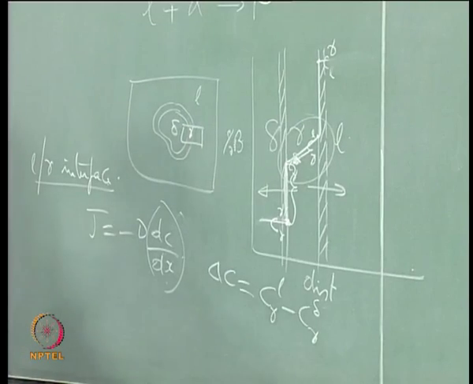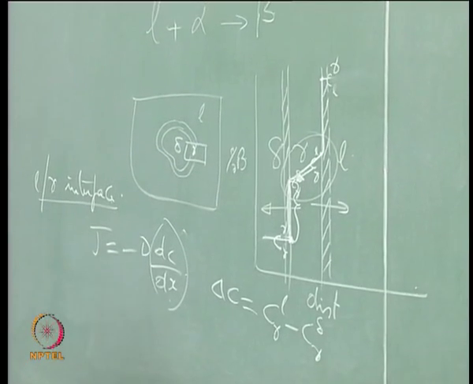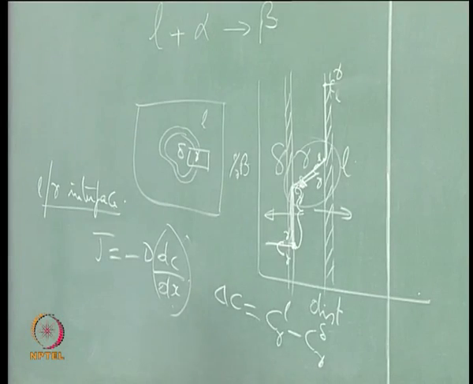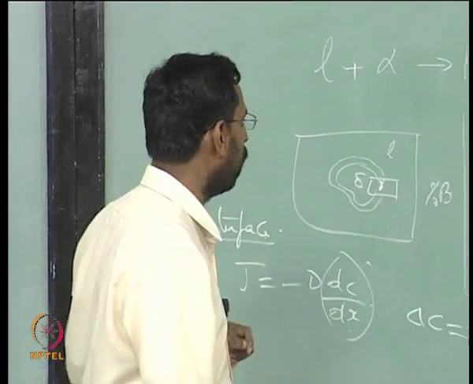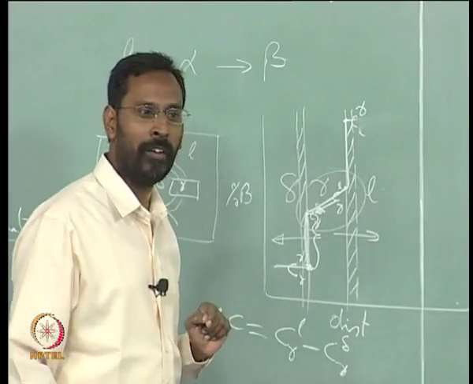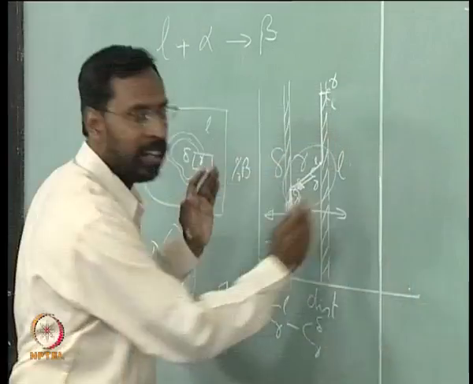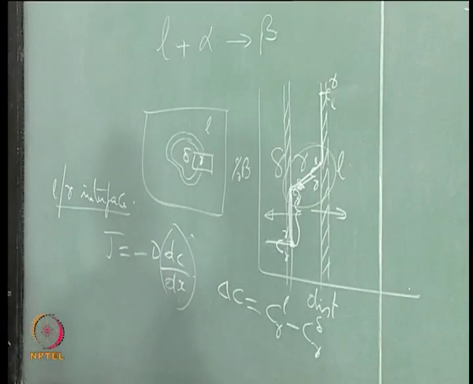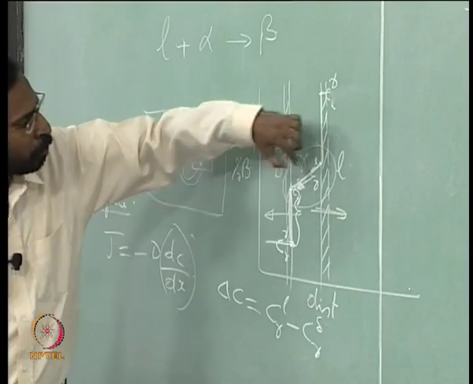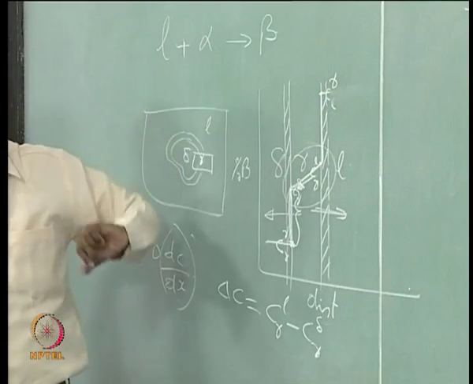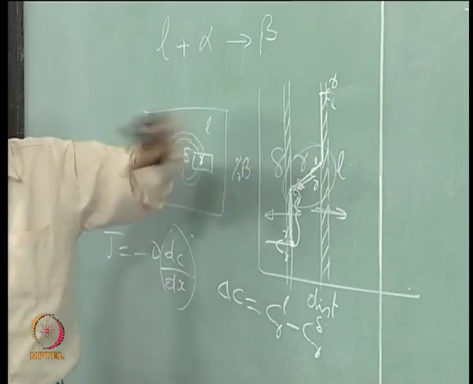But there is one more issue here. The second issue is, as the transformation progresses as a function of time, what is happening? If you carefully look at it, the gamma is becoming thicker. The gamma is growing both in this direction and in this direction, because a small amount of liquid has got converted to gamma and a small amount of delta got converted to gamma.